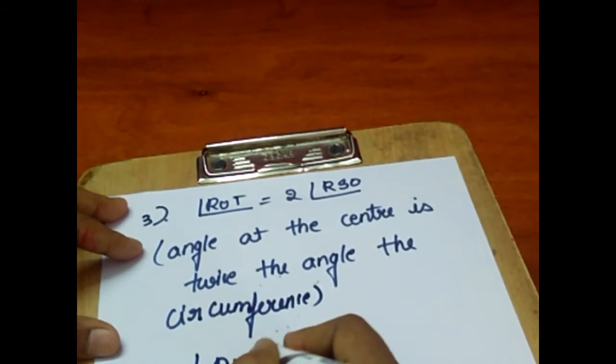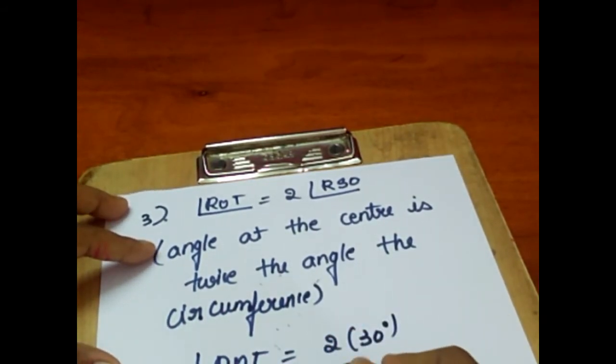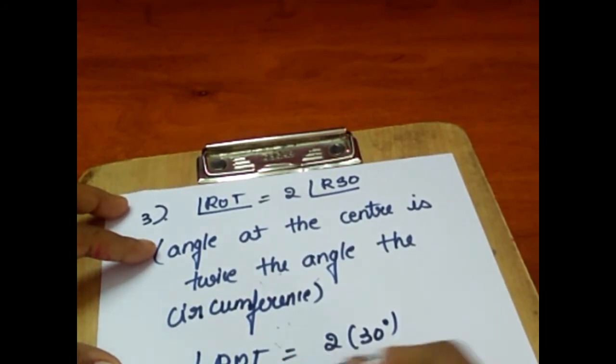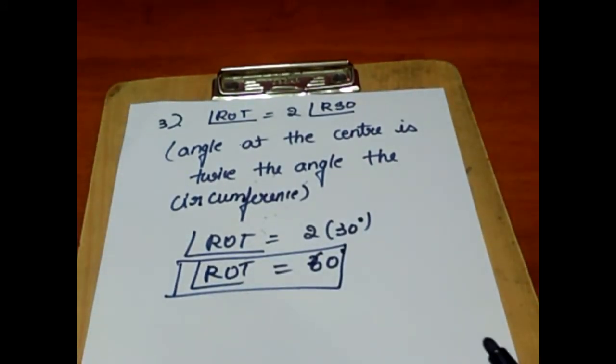Therefore, angle ROT is equal to 2 into 30 degrees. Angle ROT is equal to 60 degrees. This is the solution for question number 4.